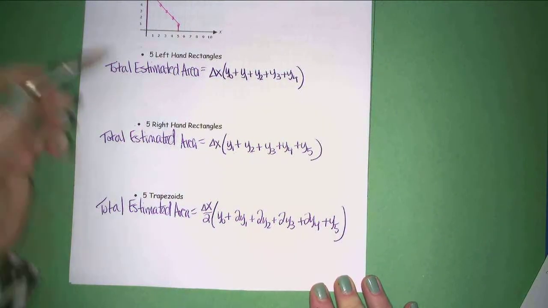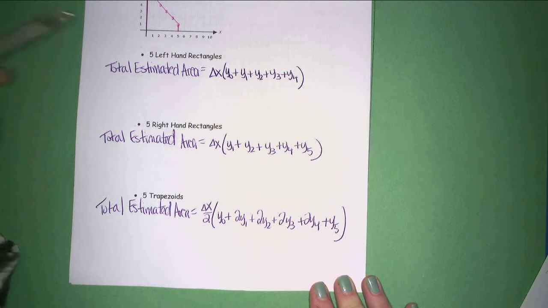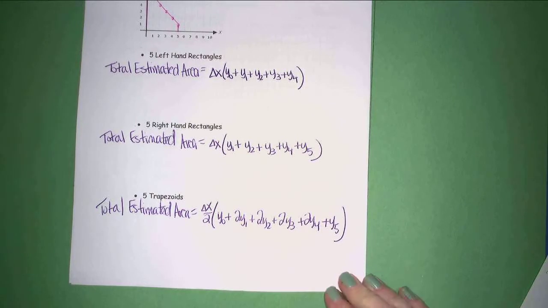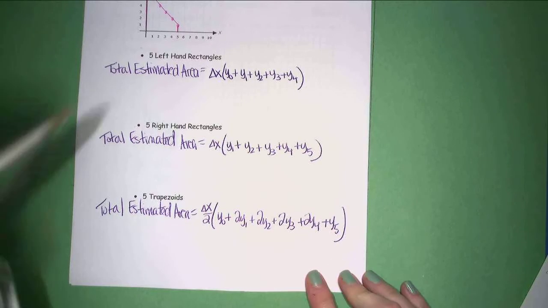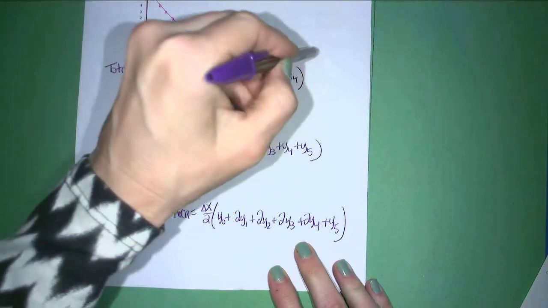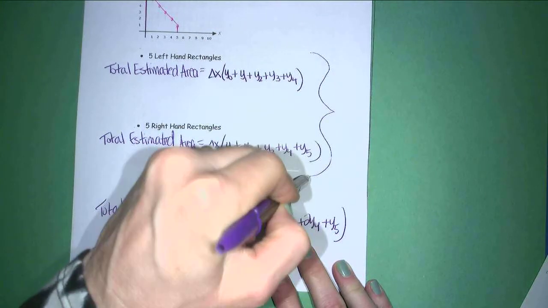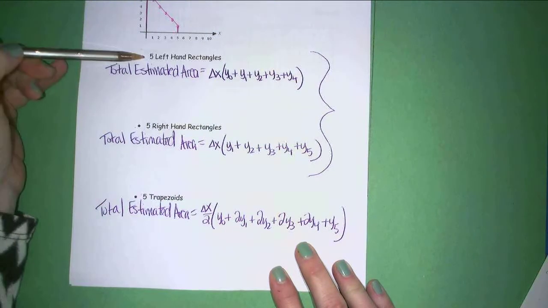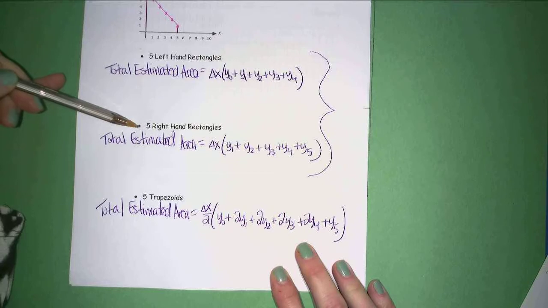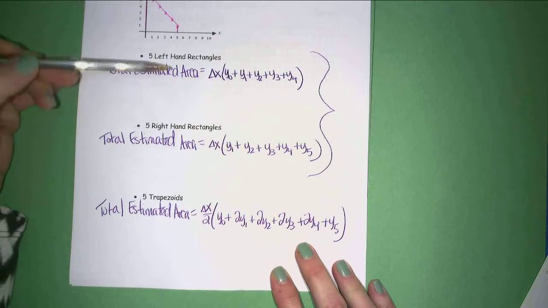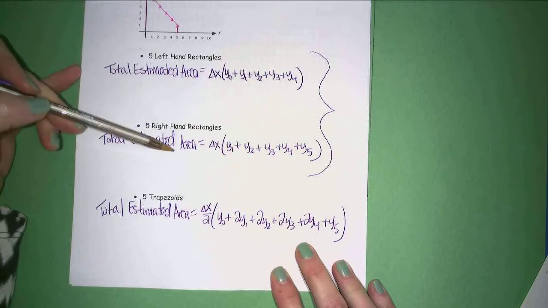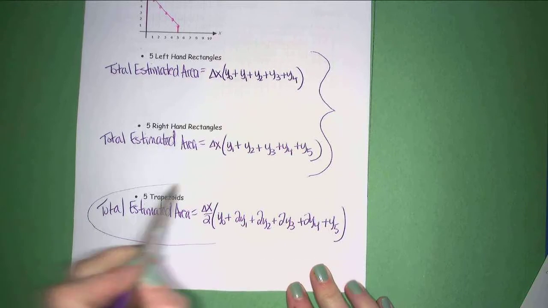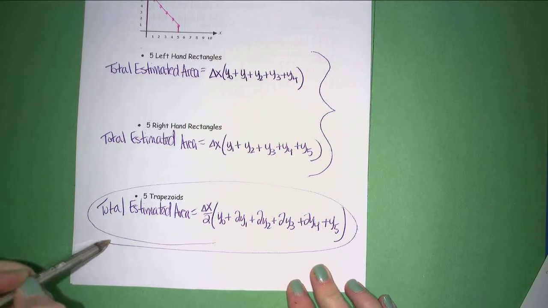Okay, so you have these 3 formulas. Now what I want to do in this video is show you something really, really cool. If you find the average of your left-hand rectangles and your right-hand rectangles, if you average these 2 formulas together, you end up getting the trapezoidal approximation.